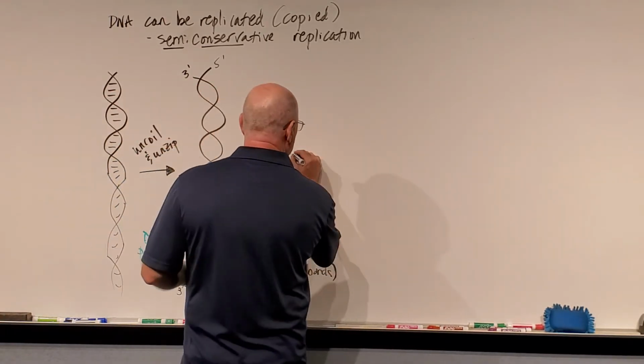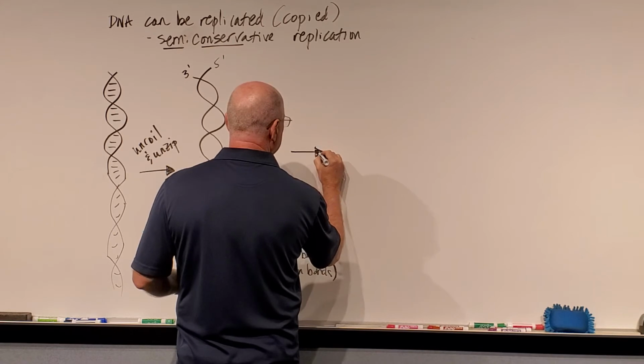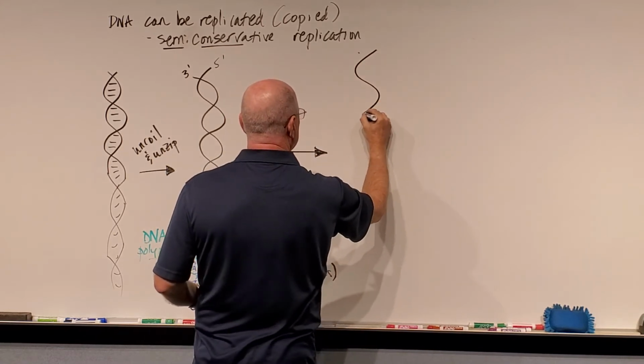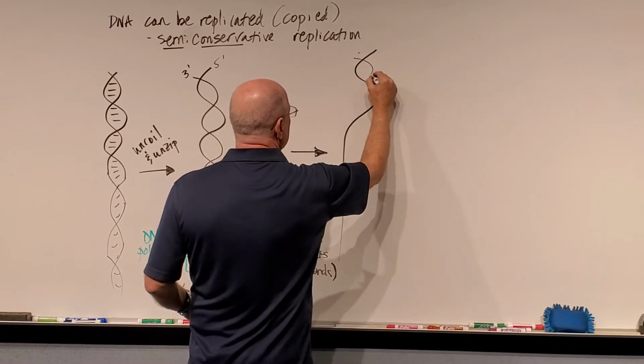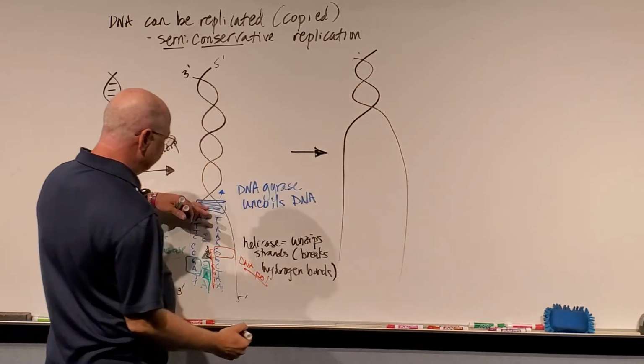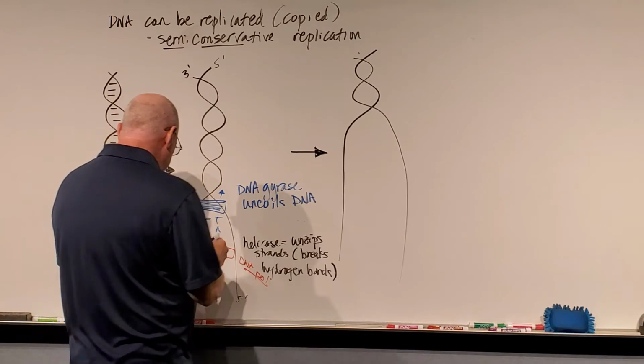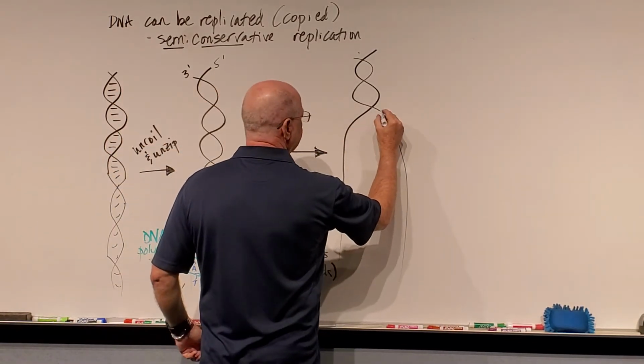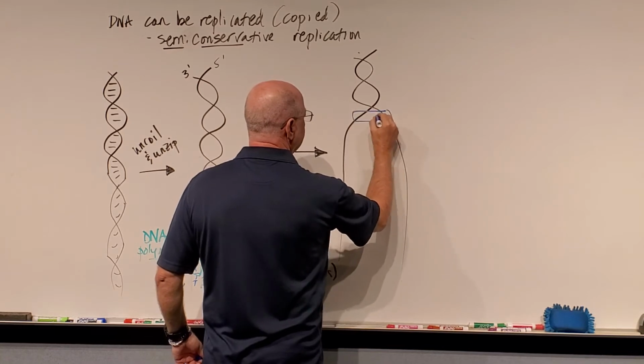Now, over time, as I go further down the DNA molecules, I'm going to see that these enzymes have shifted all the way down here. And so my DNA gyrase is still working down the molecule like this.